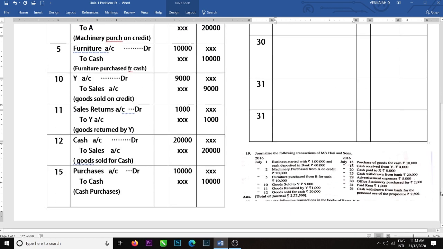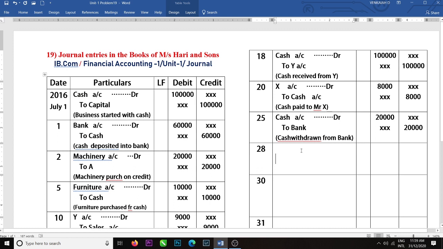Next entry is advertisement expenses. All expenses, losses, incomes and gains are nominal accounts. According to the nominal account, there are two rules: expenses and losses are debited, incomes and gains are credited. On the 28th, advertisement expenses, so we have to debit advertisement.